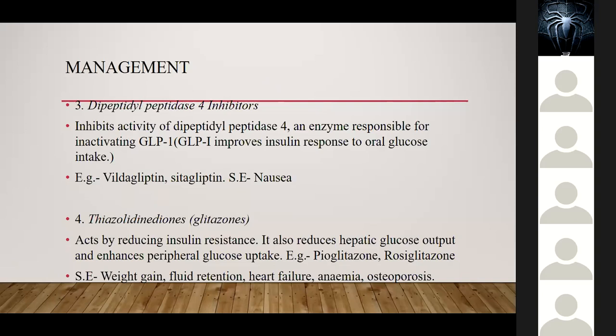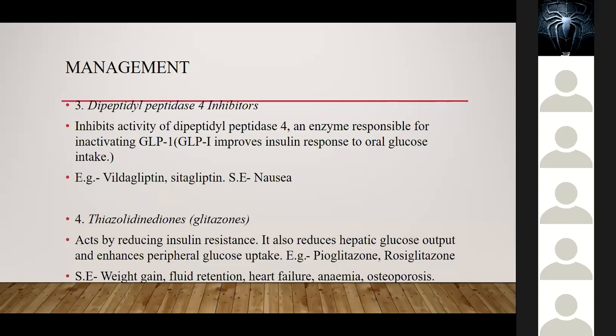The DPP4 inhibitor in Galvusmet, which is called Galvus, the generic name is vildagliptin. And what this DPP4 inhibitor does is that it inhibits the activity of DPP4, or dipeptidyl peptidase 4. And this dipeptidyl peptidase 4 is an enzyme.